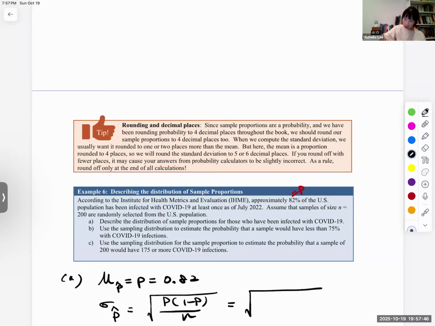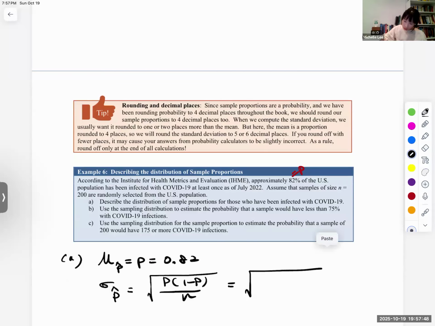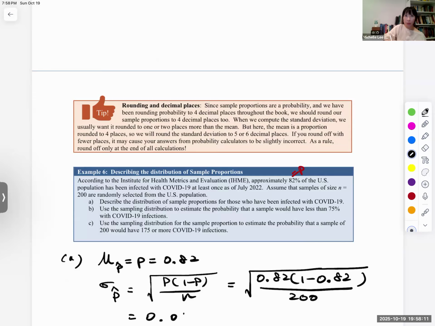Your turn. P is 0.82, 1 minus 0.82, over n, which is 200, right? What do you get? 0.0272. Okay.